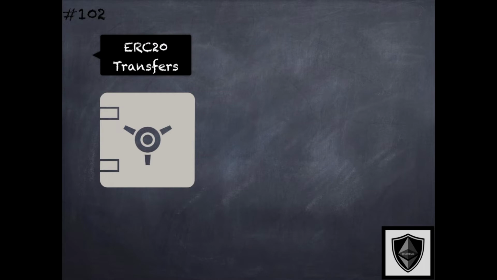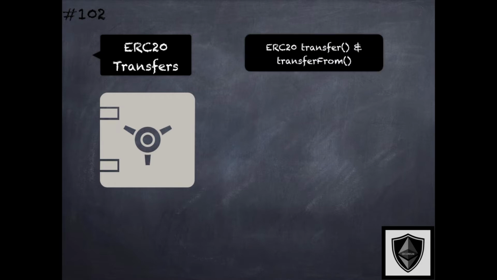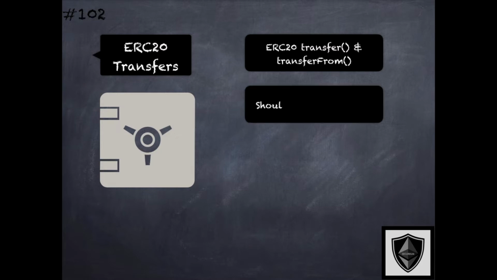We have discussed several aspects related to ERC20 tokens and their security pitfalls. This one is specifically related to the transfer and transferFrom functions that allow transferring of ERC20 tokens between addresses. According to the specification, these should return Boolean values.